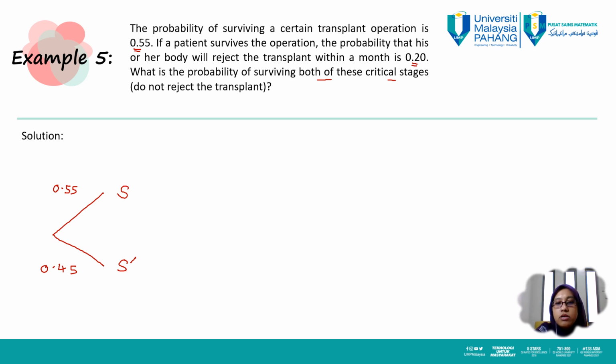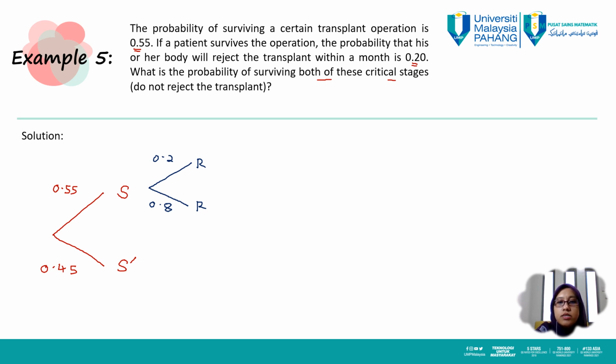And then we are also given this information. If survive, the probability the body will reject is 0.2. So if survives, reject is equal to 0.2. If not reject is 0.8. Okay, so what is the probability of surviving both of these critical stages?